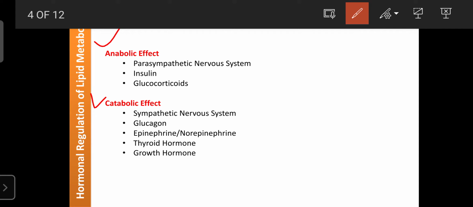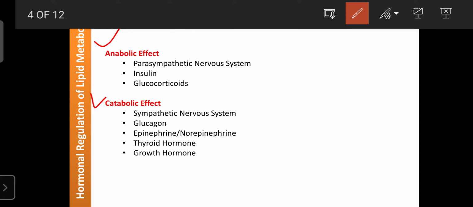Whatever molecular reactions where a larger particle is converted into smaller particles, such reactions are known as catabolic reactions, and that effect is known as the catabolic effect. So those hormones involved in the catabolic effect are known as catabolic hormones.